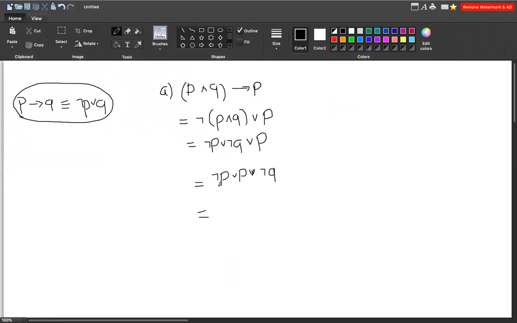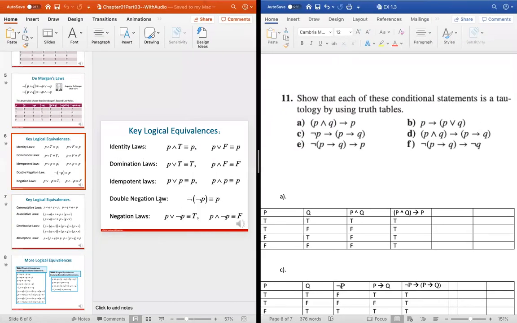Negation of P or P, this statement over here, we can use this. Negation of P or P is logically equivalent to true.